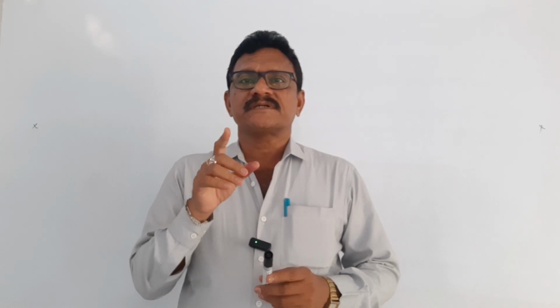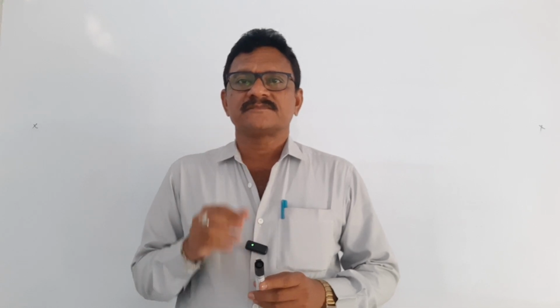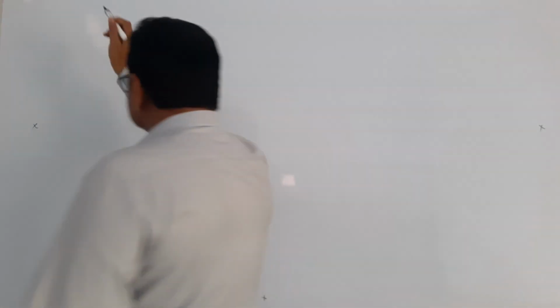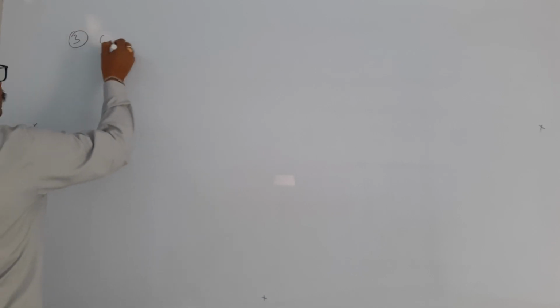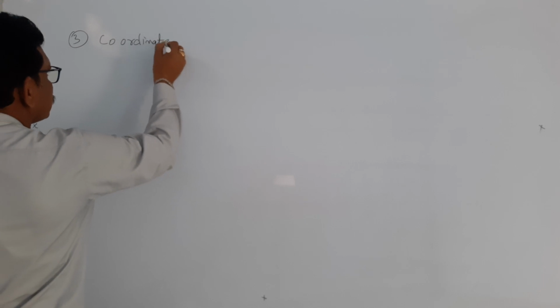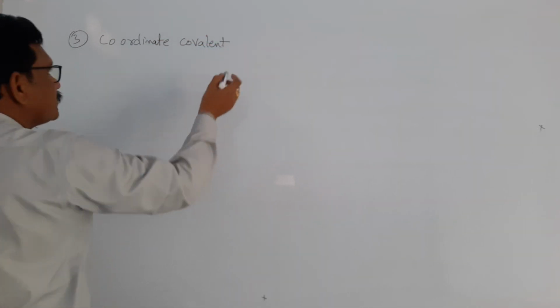In that, so far we have studied the first type, that is ionic bond, then the second one, covalent bond. Today I want to teach the third one, that is coordinate covalent bond.